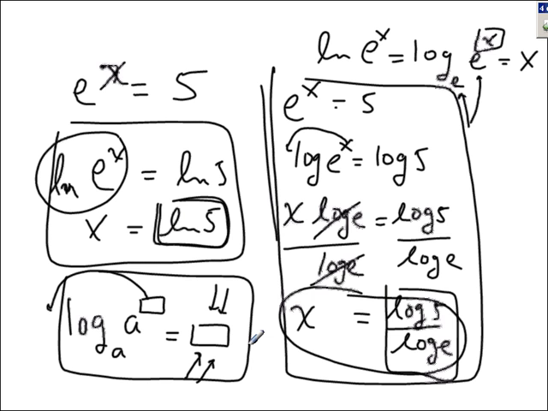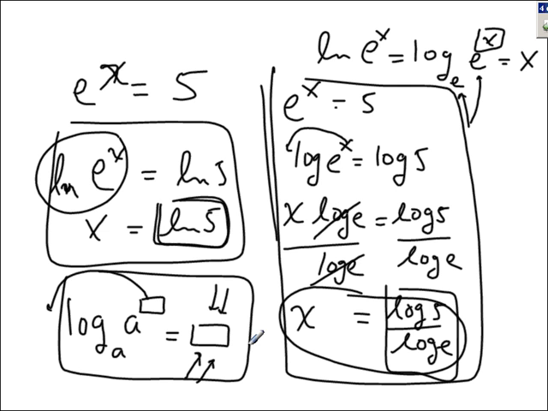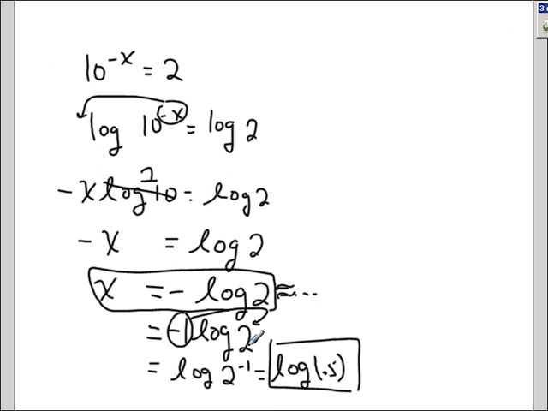Of course, if the base given is not e or 10... here the base was e. In the previous problem, the base is 10, or the base is also 2.